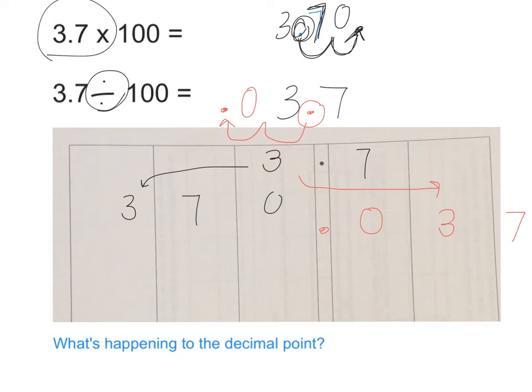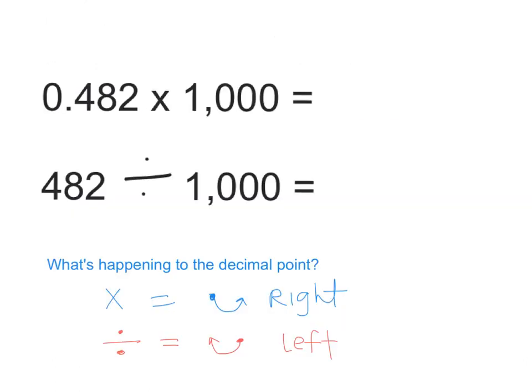So when I multiply, I move the decimal point to the right, and when I divide, I move the decimal point to the left. If you've written this down in your notebook, you'll remember how to move the decimal point when multiplying or dividing by powers of 10.